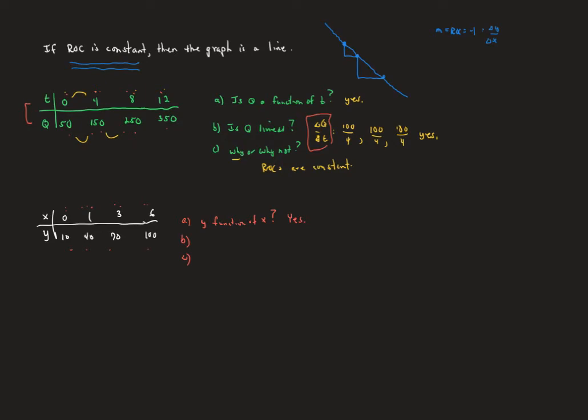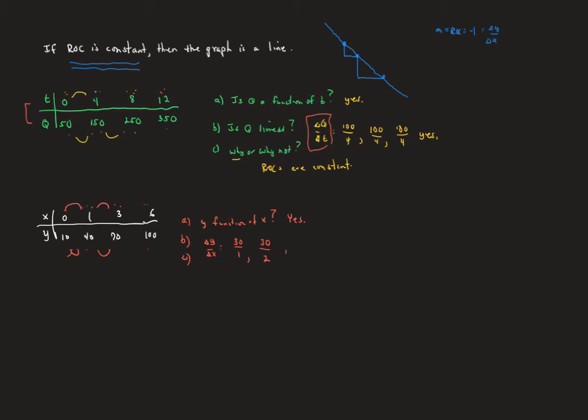Is it linear? Well, now we have to look at those delta y's over delta x's. If we look at the delta y here, 40 minus 10 is 30, and the delta x is going to be 1. When we do the delta y over delta x on the next pair, we again get a delta y of 30, but this time we have a delta x of 2.